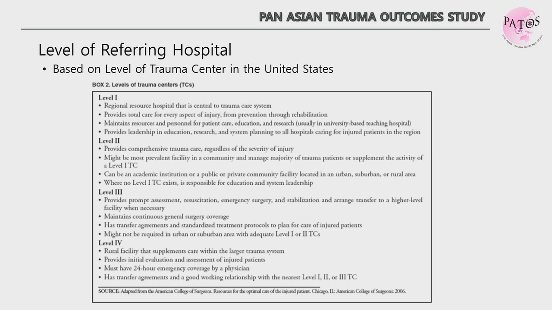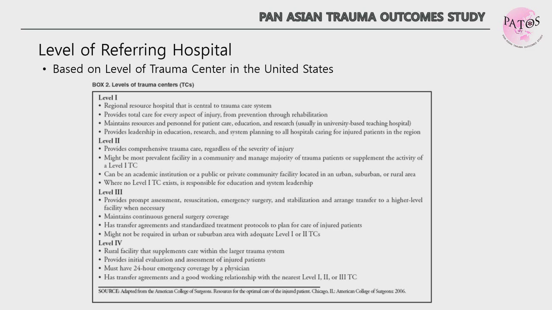As you can see, hospitals are categorized into levels 1 through 4, where level 1 hospitals indicate the highest level of trauma center. These hospitals are capable of performing basic and specialized surgeries 24 hours a day, as well as training and research.